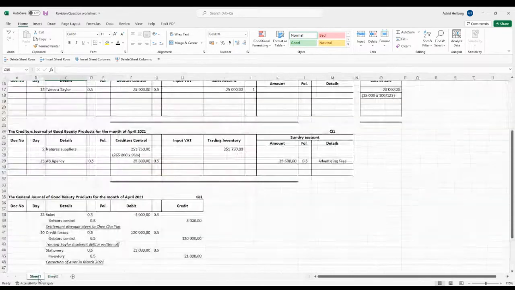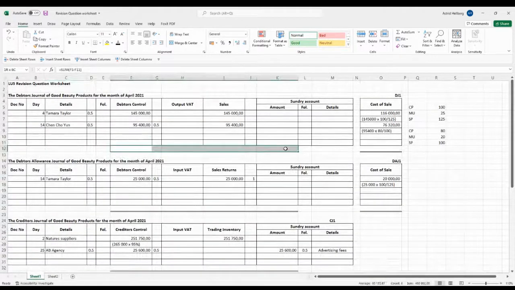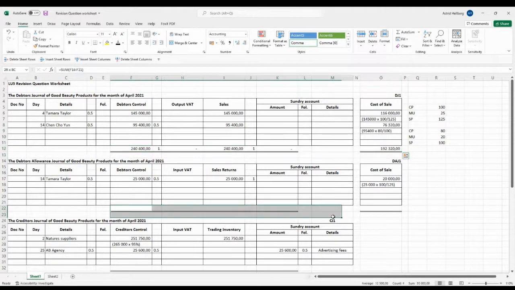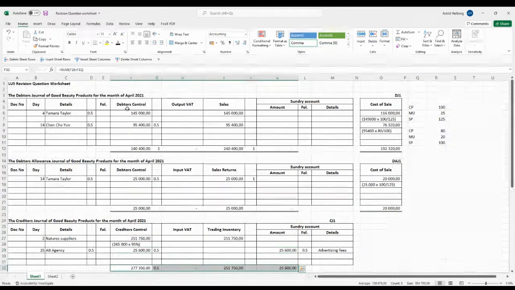Then we transfer the totals from what we've captured. So let's first total all the accounts before we can complete it. For debtors control, we've got 240,000 that came from the debtors journal.